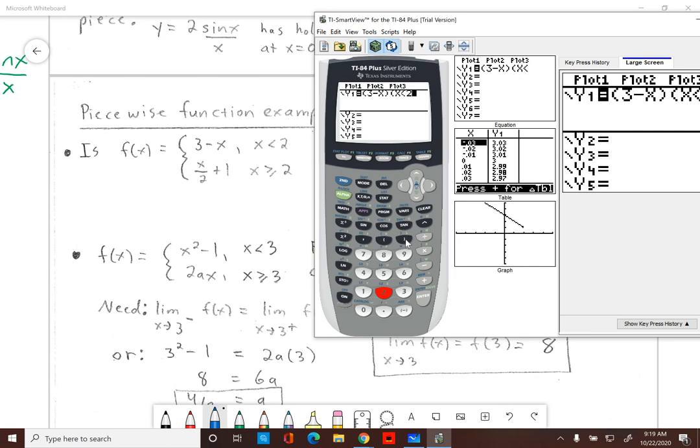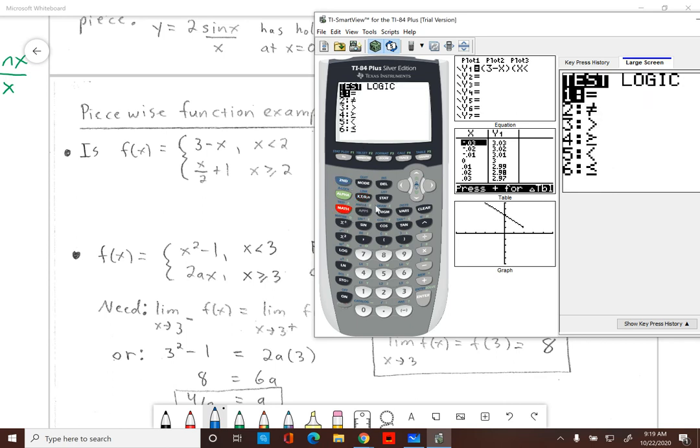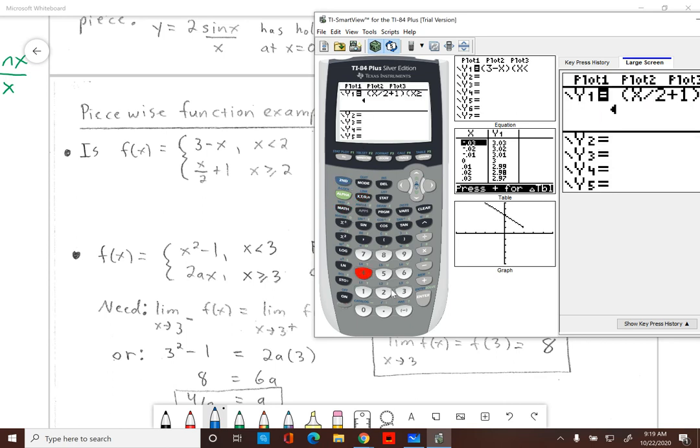That's where you get those symbols there. Okay, so there's that piece. And then I'm going to put in this x over 2 plus 1, x, second test. I'm going to hit number 4, greater than or equal to 2.